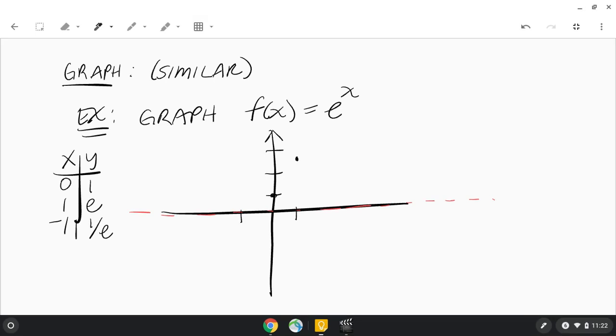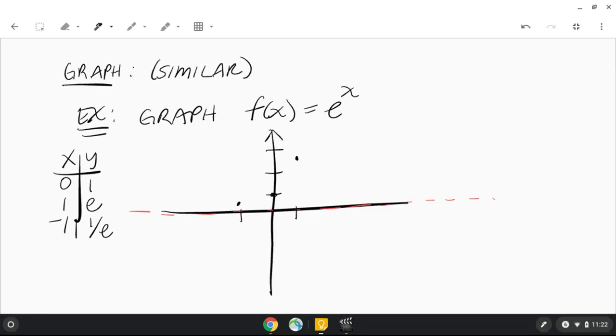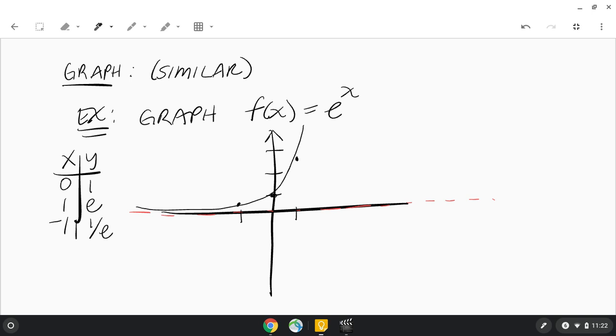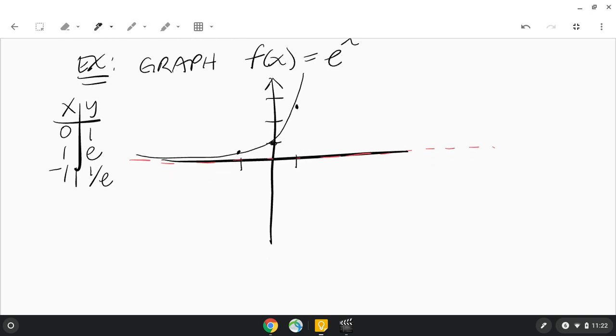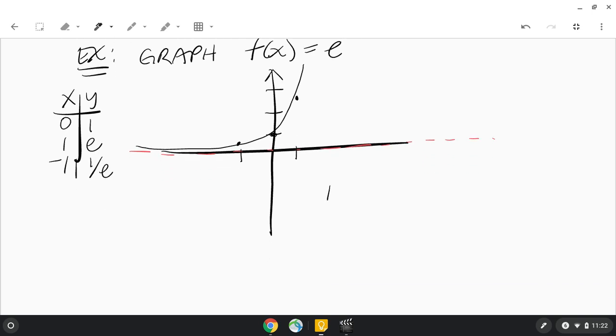And then negative 1 and 1 over 2.7. Very similar to 4.1, and so are the transformations. If you have e to the x plus 5, then you shift it up 5. If you have e to the x minus 5, then you shift it down 5.